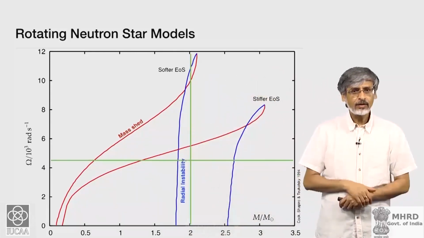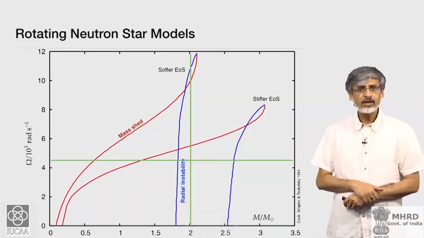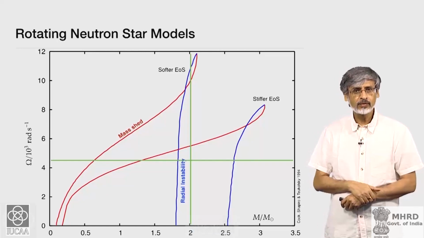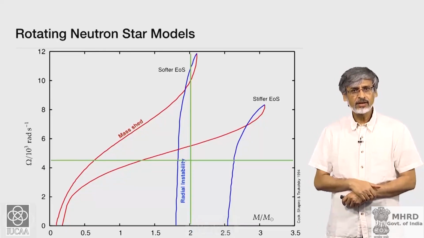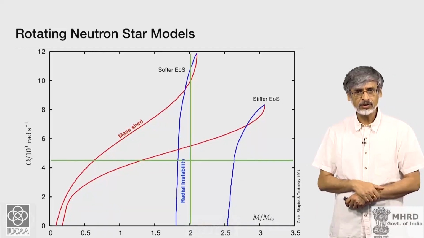Now, can the observed values of rotation of neutron stars tell us anything about which equation of state is more suited to describe the neutron stars?